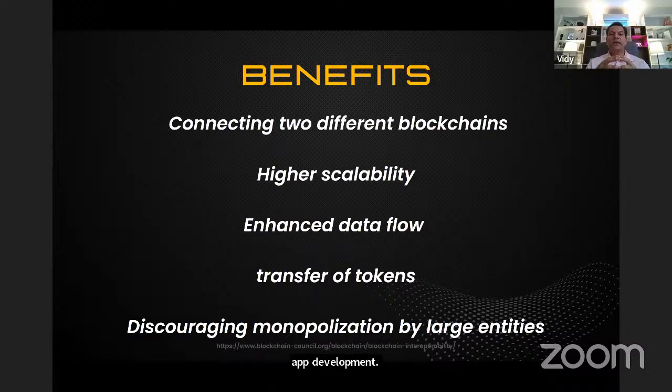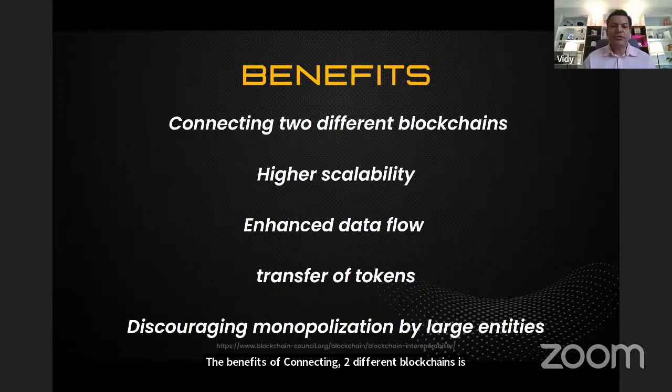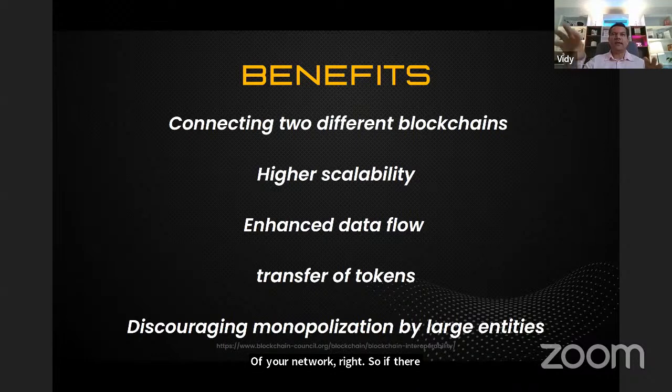The benefits of connecting two different blockchains are, firstly, higher scalability. What do I mean by scalability? Scalability refers to the standard term used in computer science, that you can increase the capacity of your network. So if there are two different chains, one could be a standard chain and one could be another chain where this transaction has to happen.